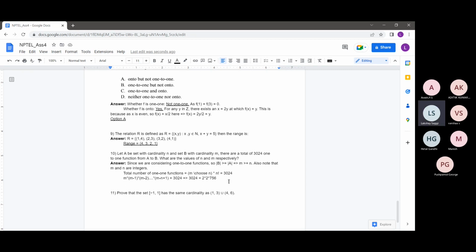Yeah. And then this 756 can again be written as 2 into 378, and this can again be written as 2 times 189, and this can be written again as 3 times 63, and this can be written as 3 times 21, and this can be written as 3 times 7.